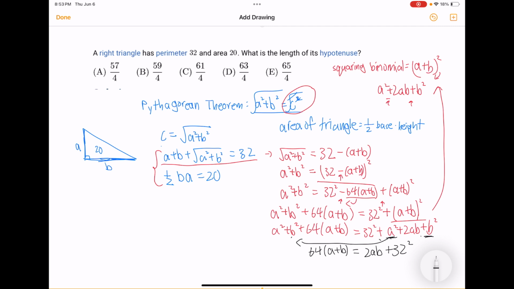But moving on, and I'm just going to continue on this side, we can divide by the 64 to just get a plus b. And what we are doing here, and I'll explain in just a second, is that when we set up a system of equations revolving around a and b, it would be really hard to figure out what a is and what b is.